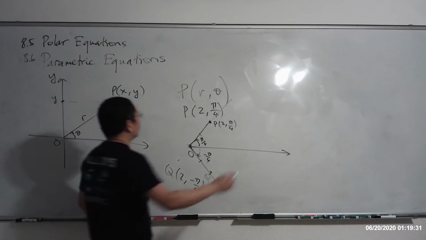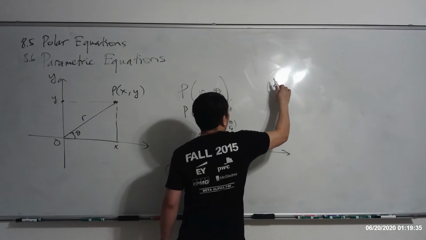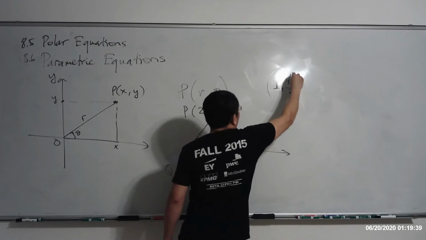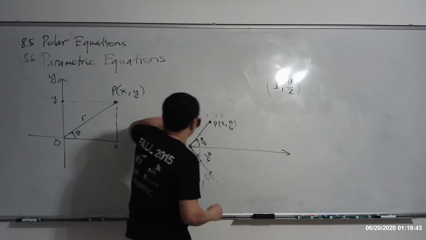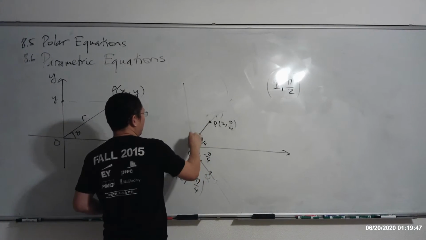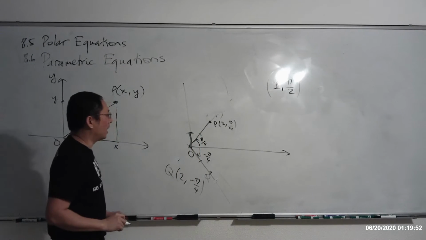How about the point (1, pi over 2)? Let me erase this to have more room to write. Pi over 2 means 90 degrees, so it's going to be this way, and 1 is right here, so this is the point (1, pi over 2).